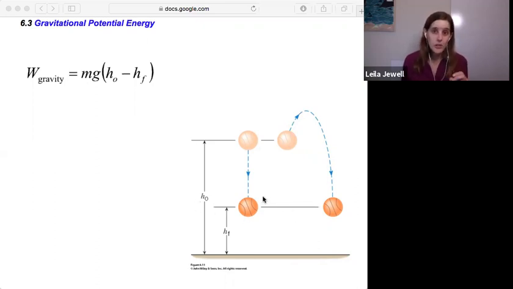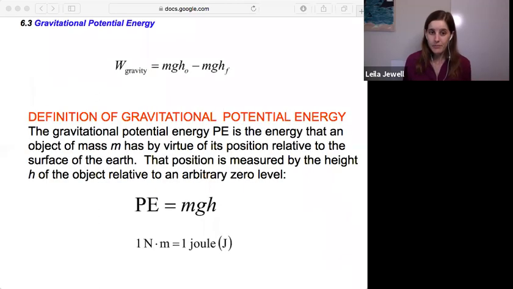And we're going to use this definition of the work done by gravity in order to introduce our gravitational potential energy. So our definition of gravitational potential energy, which is often abbreviated as PE, the gravitational potential energy, PE, is the energy that an object of mass m has by virtue of its position relative to the surface of the Earth.